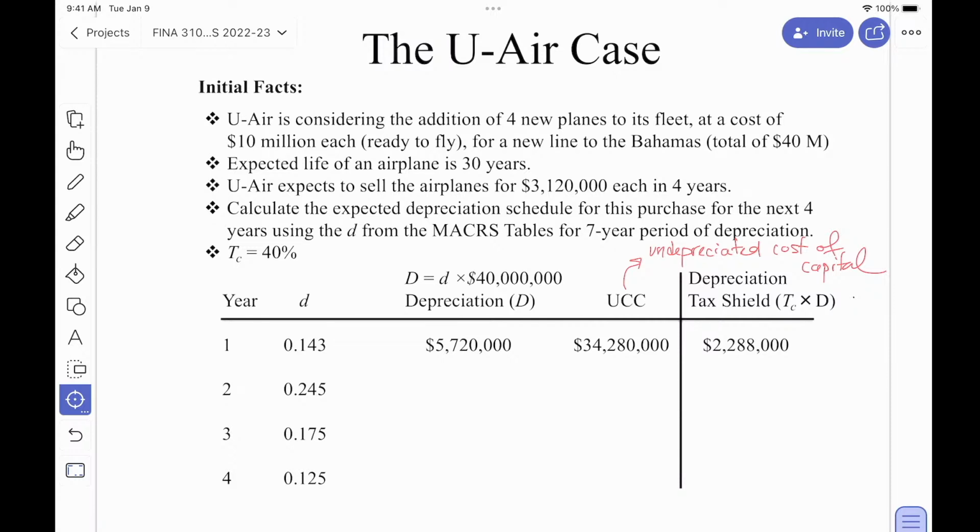So let's ignore the last column for a moment, and let's continue with the next.